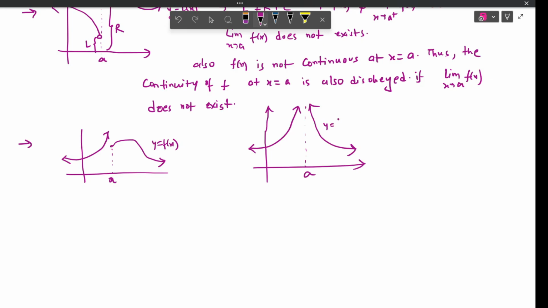Let us say this is your y equals f of x curve, and the value of the function at x equals a is f of a. So we can say in this curve that f of x is defined at x equals a, because we have a value at x equals a, right here.